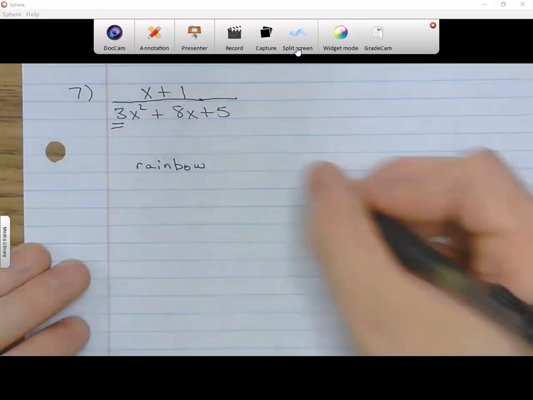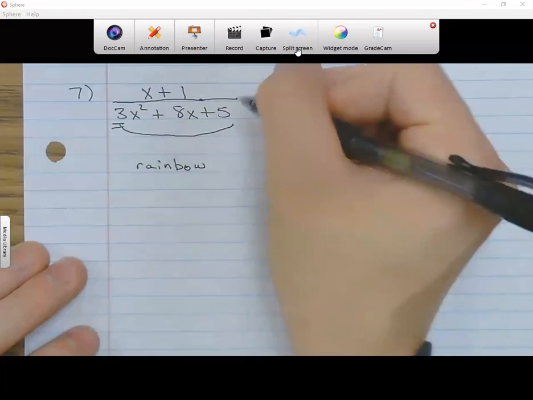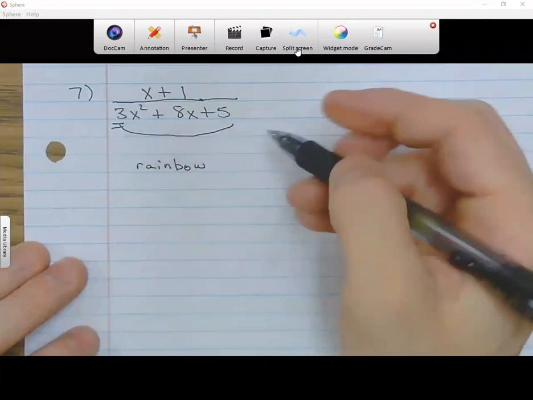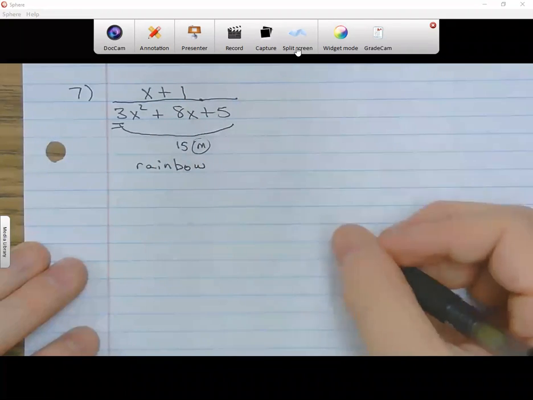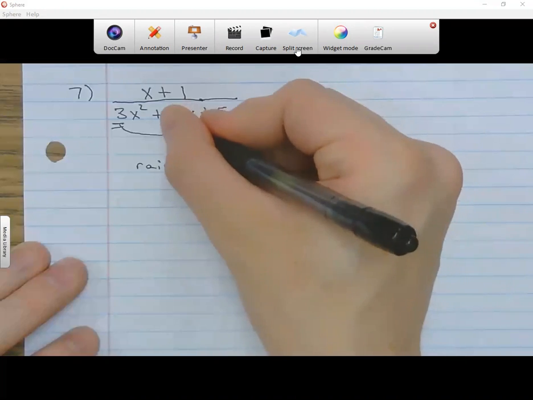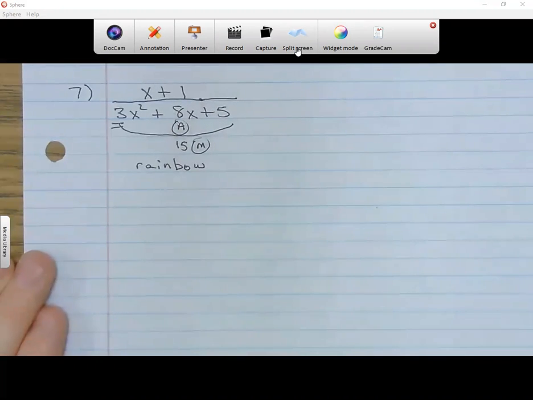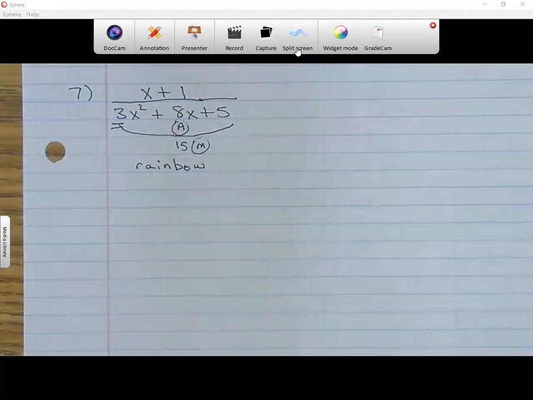So I draw the rainbow from the first number to the last number, and I multiply 3 and 5 to get 15. So this is going to be my multiplying number, and 8 is going to be my adding number. Now what I can do is think of the two numbers that multiply to 15 but add up to 8. We all know that's going to be 3 and 5.